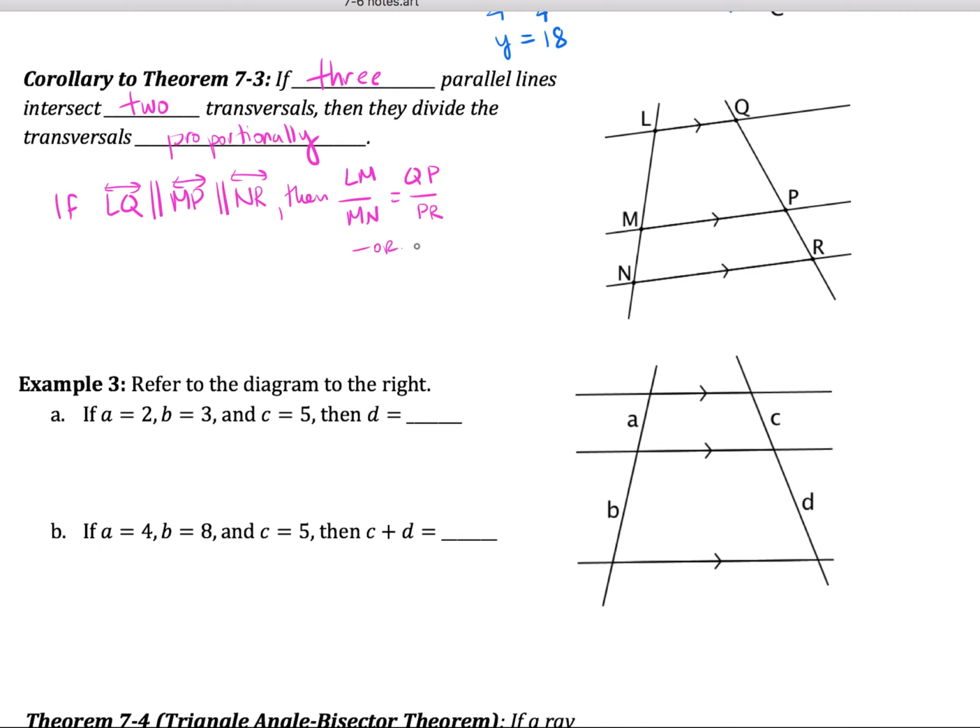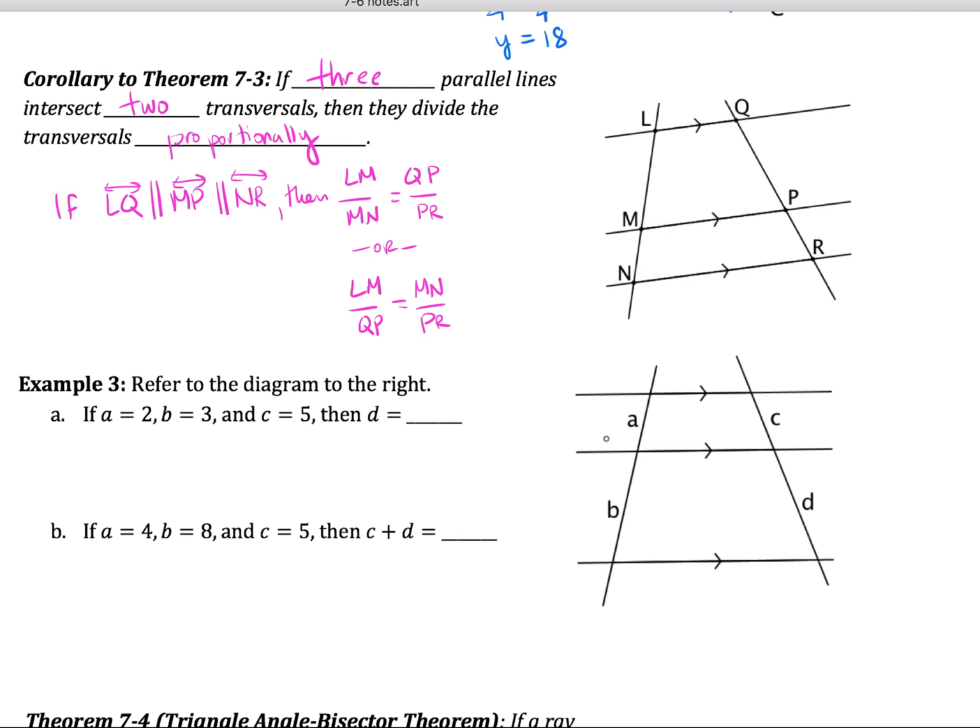Or, again, we could switch the means in this proportion, and we could make it say LM over QP, comparing LM to QP, would equal MN over PR. MN right here over PR right there. So let's take a look at that.